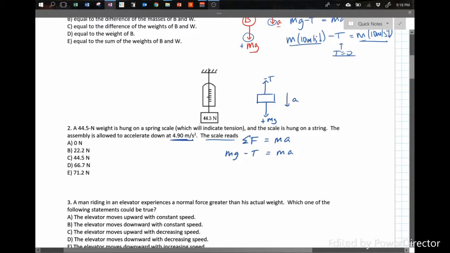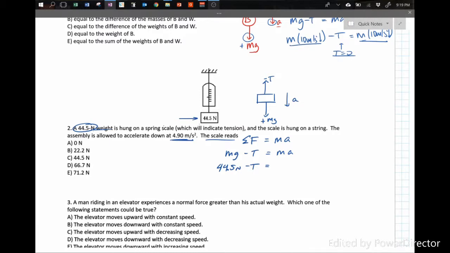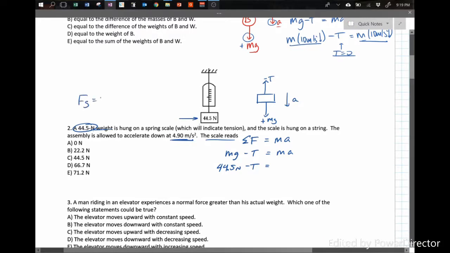Now I already know the weight because they're telling me it's a 44.5 Newton weight, minus the tension is equal to the mass times the acceleration. Now, that's not the mass, that's the weight. They're specifically telling us that that's a force. That force is 44.5 newtons. So I know in general the force of gravity is mg, and that's 44.5 newtons.